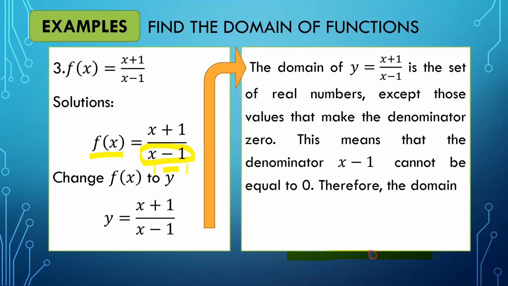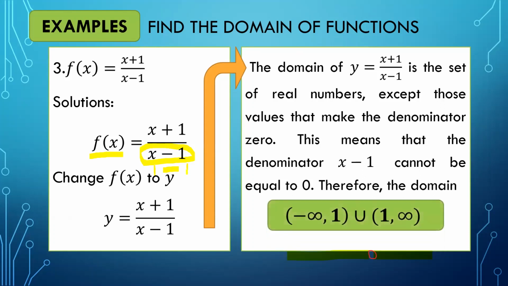So therefore, the domain will be from negative infinity to 1, approaching 1 but not including 1, union 1 to positive infinity. So again, it is the set of all real numbers except 1, since the moment x is equal to 1, the given function is undefined.